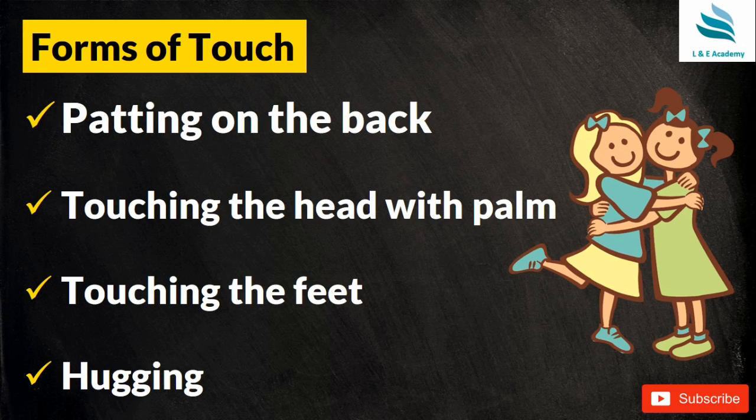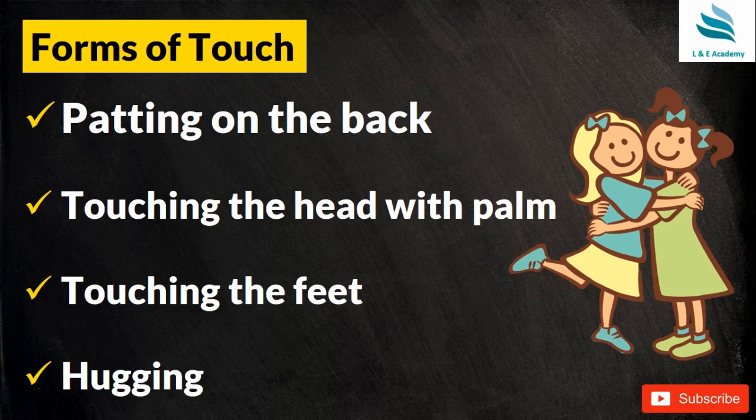What are the different forms of touch? Patting on the back, touching the head with the palm, touching the feet, hugging. Now, all these forms of touch may be taken in a different way in a different country, in a different region.